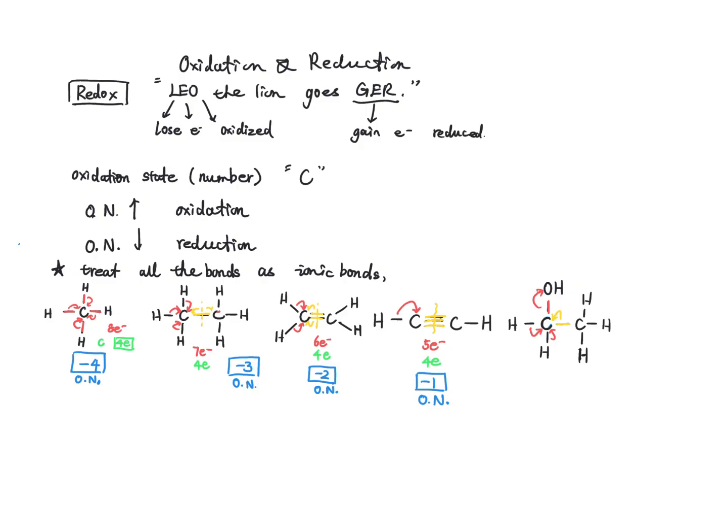So what we are counting here is, for the left carbon, it has 5 electrons in total. And compared to 4 in neutral, the oxidation state for this carbon in ethanol is also -1 oxidation number.